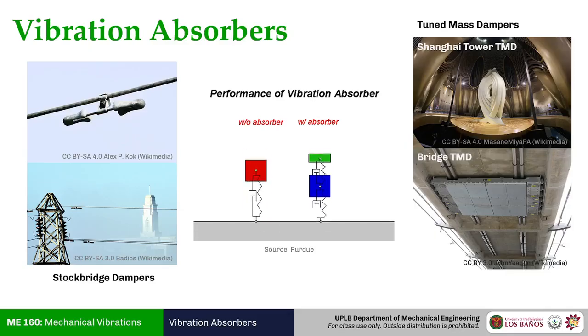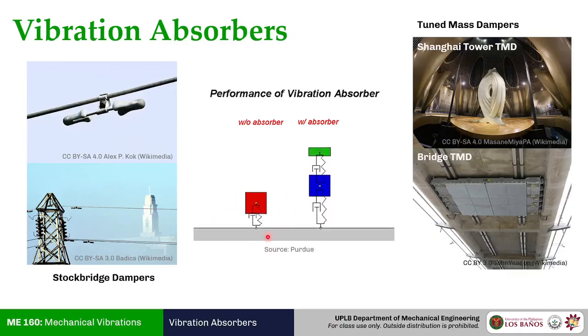Now, okay, so here's a question. Knowing that I also have the option of installing vibration isolators. So take note, the first kind of vibration control that we learned is vibration isolation, essentially adjusting the spring and damper that's connecting the system to the ground.